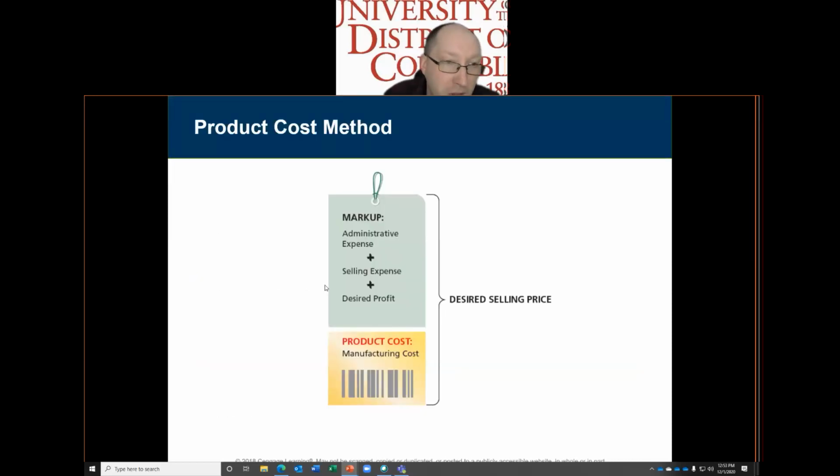So when you go to Macy's and you buy that fancy shirt that you always wanted, you better believe that there's a lot of markup in there. Okay. Markup includes selling administrative expenses, selling expenses, and the desired profit, plus the cost of making the product.